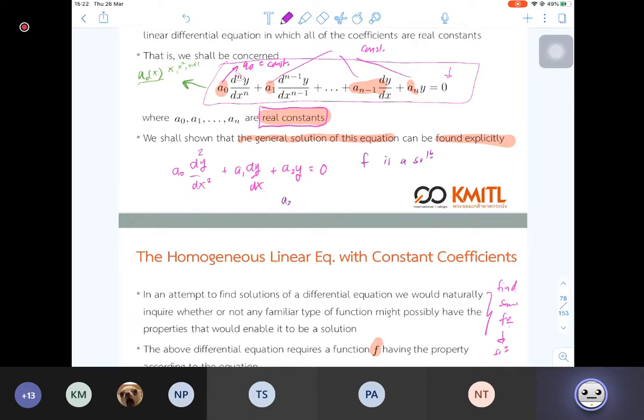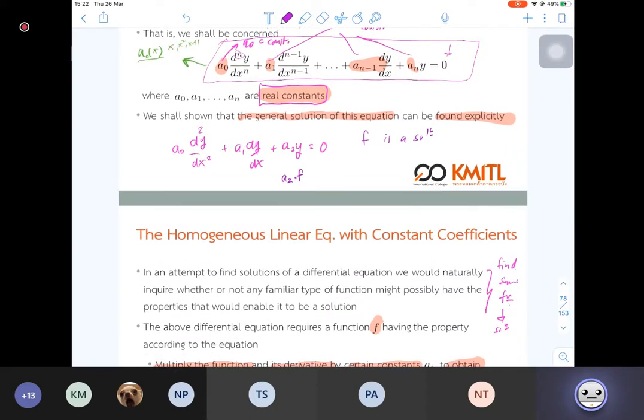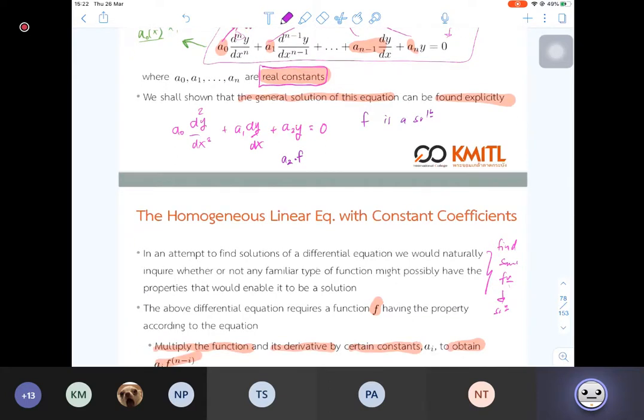I would have a2 times f, right? a2 times f. And then I take the derivative of f.